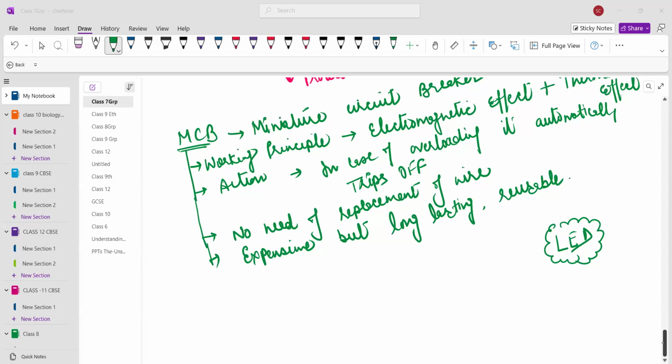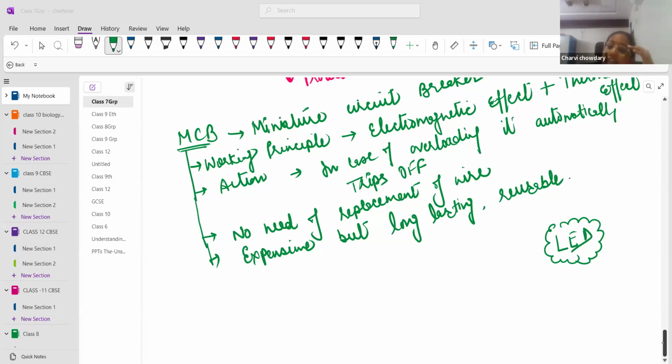So we must know why we replaced our normal bulb with LED. What is the reason? Ma'am, they are also very cost effective, I guess. A normal bulb is 20-30 rupees. LED minimum 100-120 rupees. Today I got an LED for 349 rupees. It is expensive, ma'am, than the bulb.